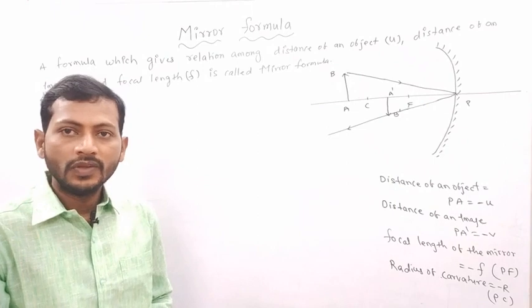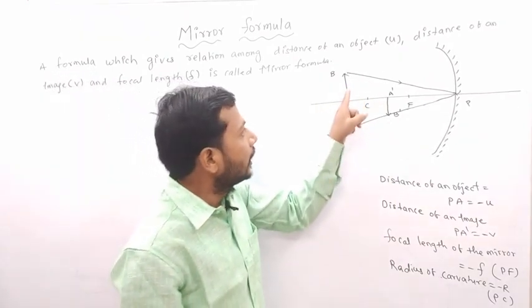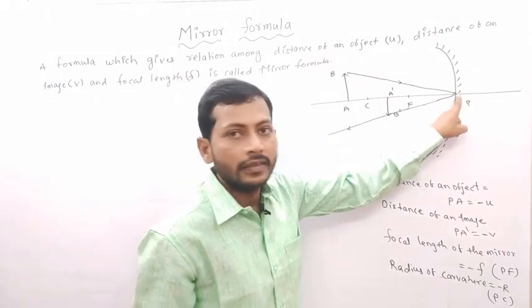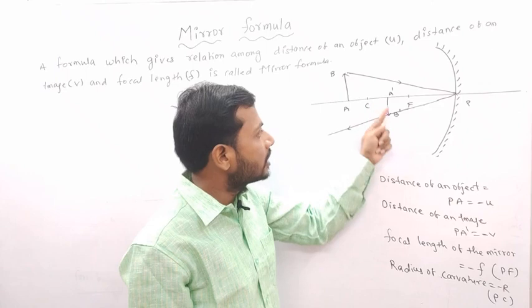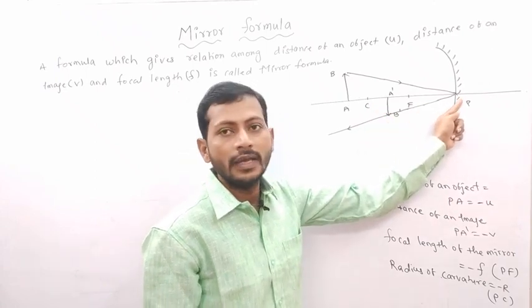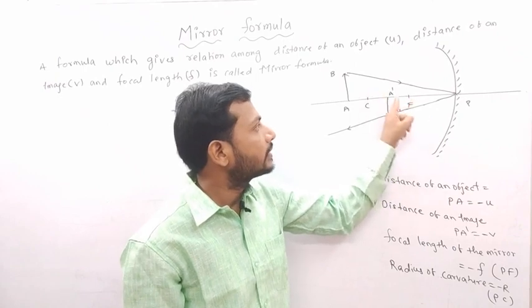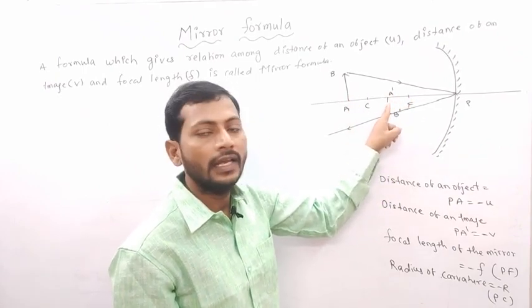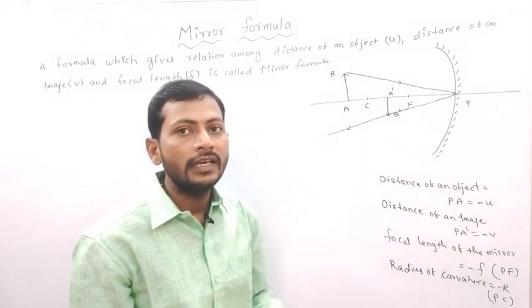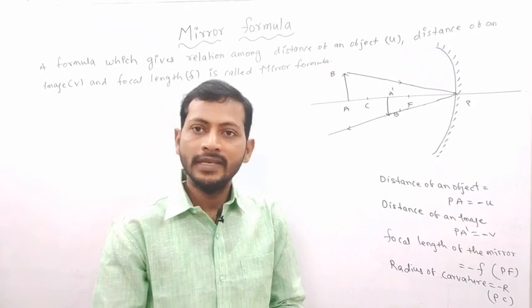Now observe once why I have taken these two rays. If you observe clearly, triangle ABP belongs to the object, and A dash B dash P belongs to the image. These two triangles are right angle triangles, because it is making 90 here and 90 here. When these two triangles are right angled, you compare the heights and bases.